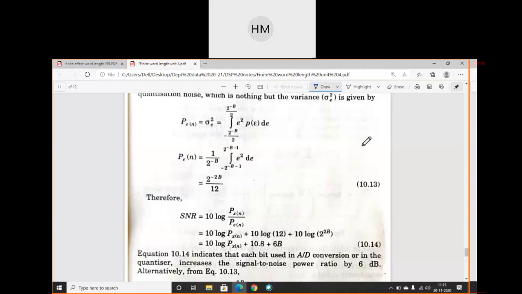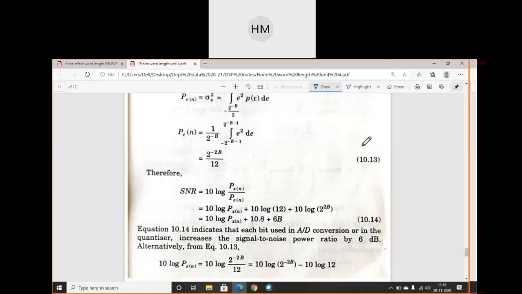Any doubt? So this is the important equation. They can ask you signal to noise ratio. What is the quantization error due to analog to digital conversion? So you can tell there.